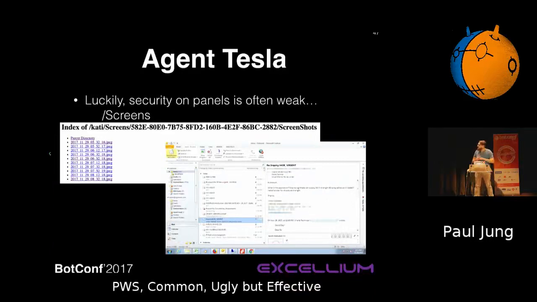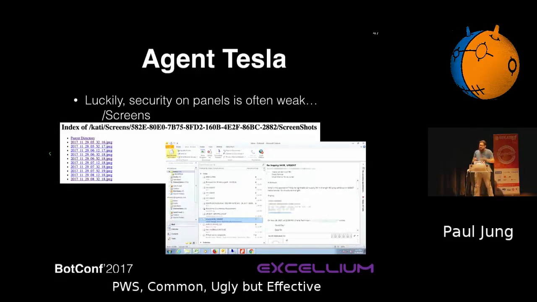As seen yesterday, Agent Tesla from now doesn't work anymore, but the previous version had a little problem, not with Agent Tesla itself, but with the operator's host, that the security is not good. So you may do file listing, so you may access the screenshots, and you have enough information to try to notify the people, but it's not easy, because sometimes the compression of the JPEG is really bad, the OCR doesn't work, so, well, it's best effort.